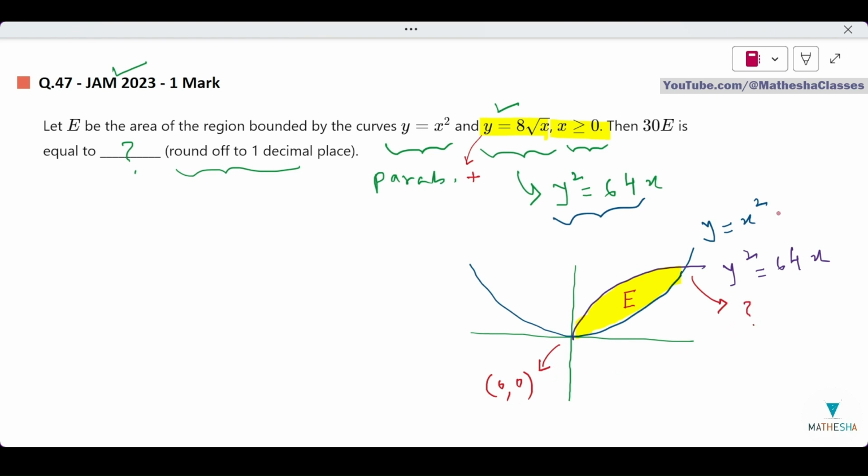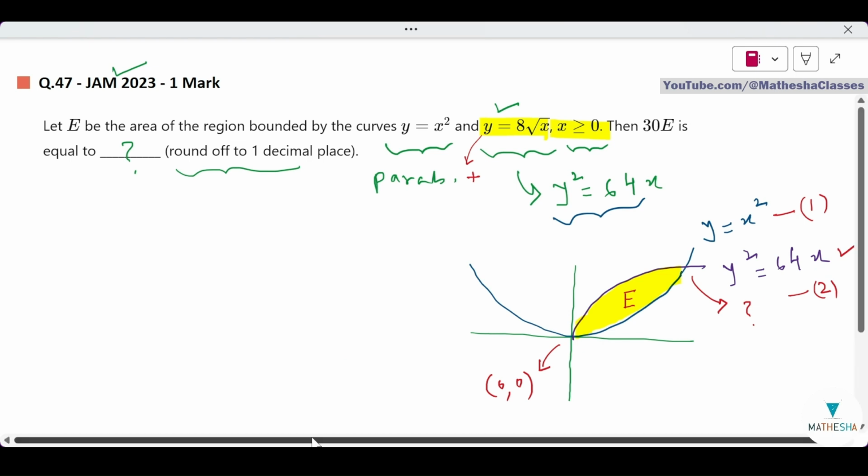Now note carefully, this is the first curve and this is the second curve, and we are considering the second one for positive y only.